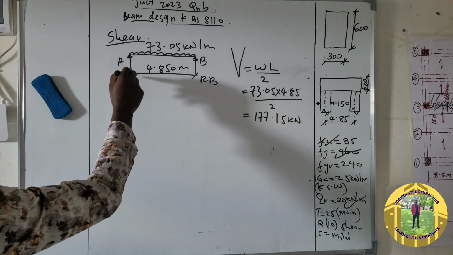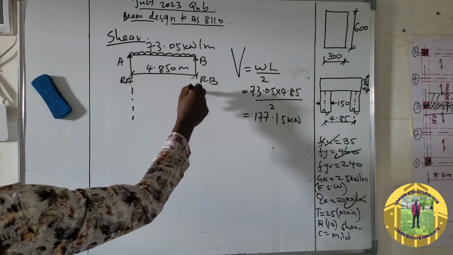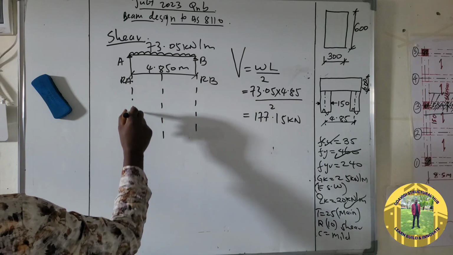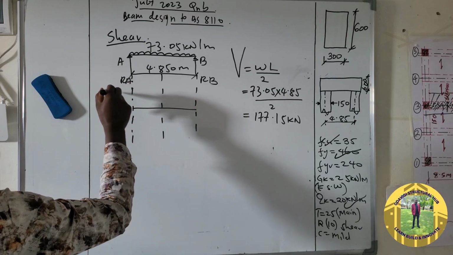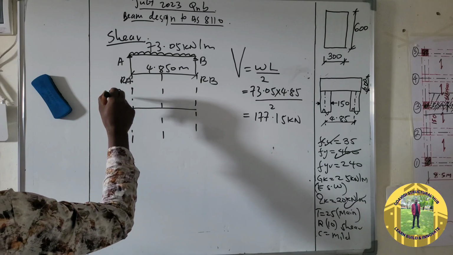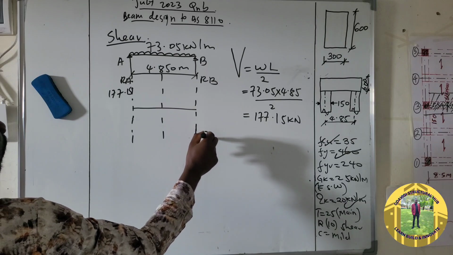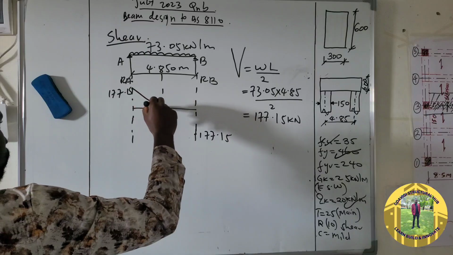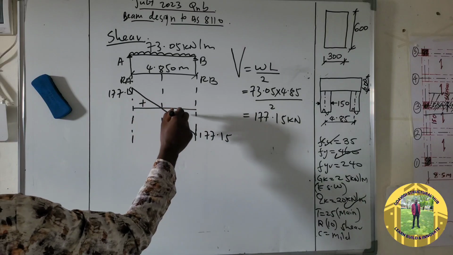So if we draw the shear force diagram, this is how the shear force diagram will appear on this beam. So this is 177.15 and also 177.15, like that. This is positive, this is negative.